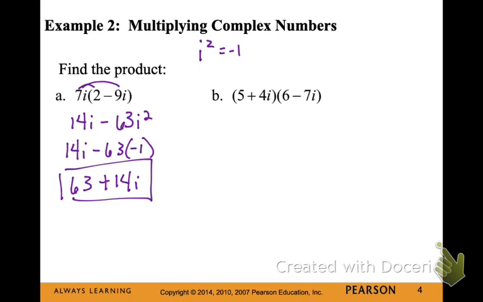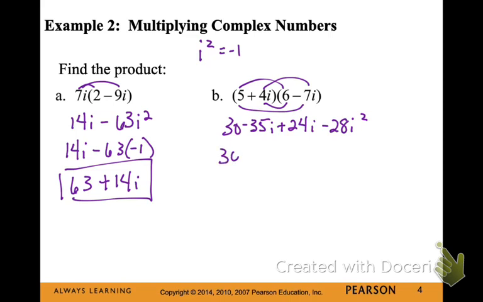Notice we write the real number part first, 63, and then the imaginary part, plus 14i, to create our complex number answer. Now we're multiplying, and so I'm going to FOIL this since we have one complex number times another. So 5 times 6 is 30, 5 times -7i is -35i, 4i times 6 is 24i, and then remember that we have 4 times 7, which is 28, but i times i is i squared.